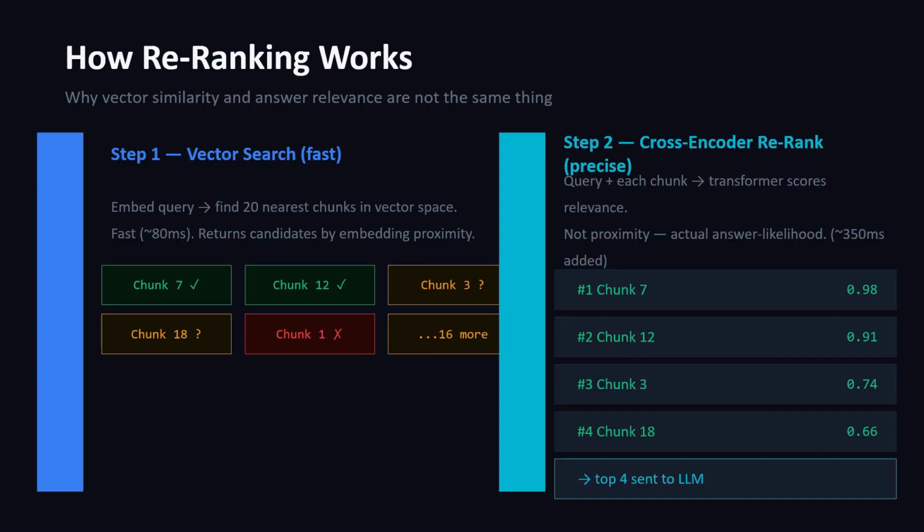Let me show you how re-ranking actually works, so it would be easier to understand why we added it. Let's say we retrieve 20 candidates, 20 different results. These results are the ones that are nearest in the embedding space, but maybe they are relevant or not.